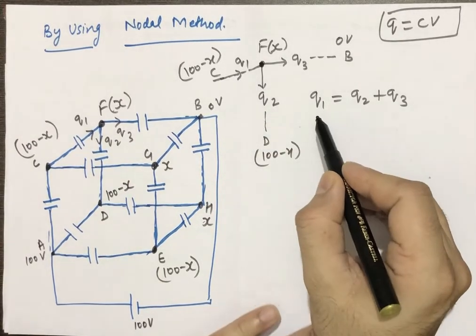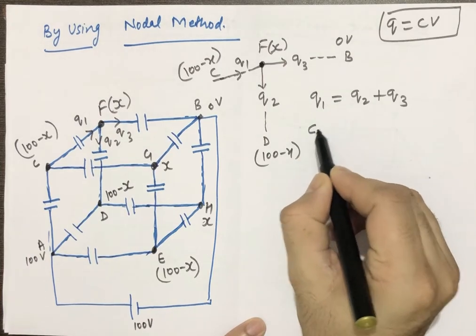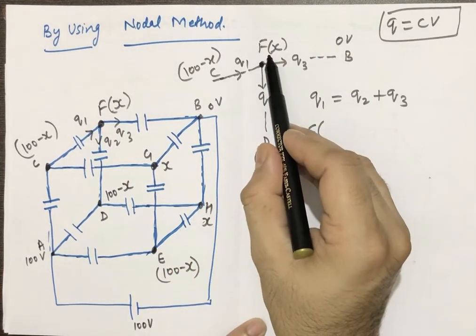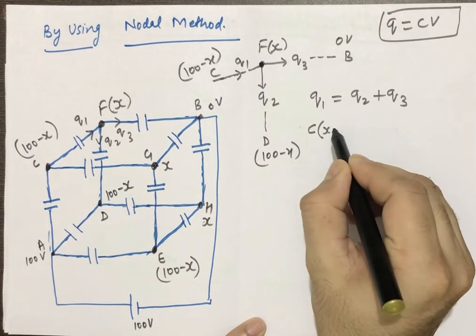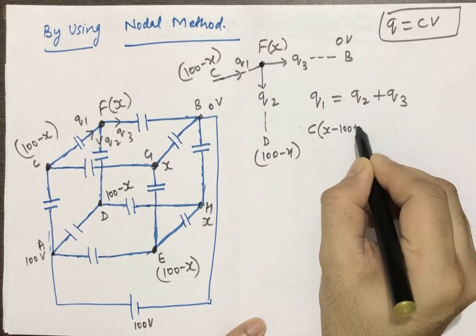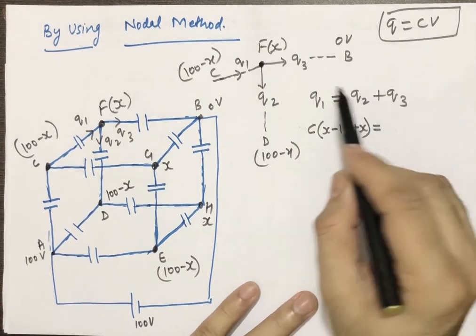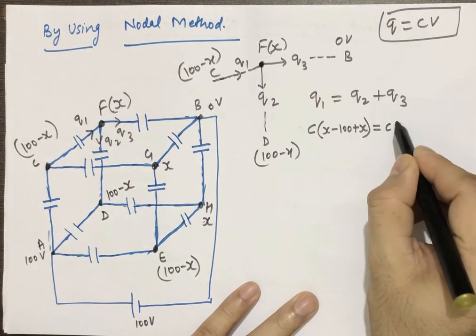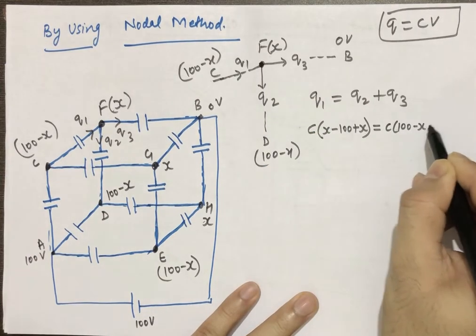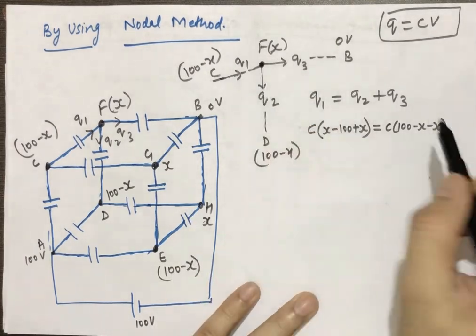So Q1 is capacitance into potential difference, final minus initial. So you will find C times X minus 100 plus X, which is equal to Q2. Q2 is this, final minus initial.